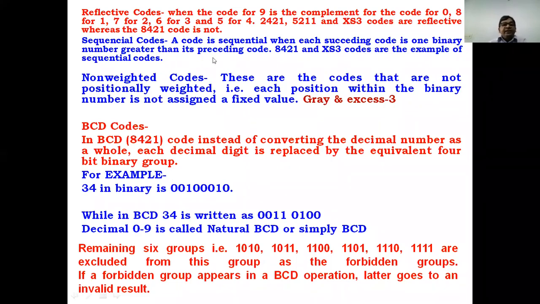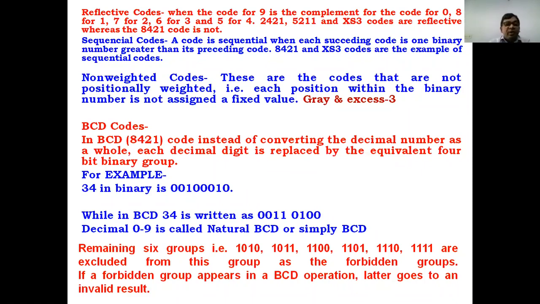Another category of binary codes is non-weighted codes, which are not positionally weighted. That is, each position within the binary number is not assigned a fixed value. The gray code and XS3 are examples of non-weighted binary codes.